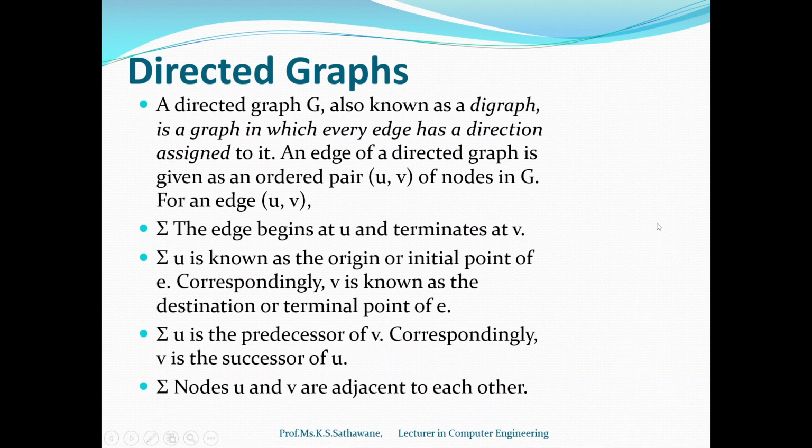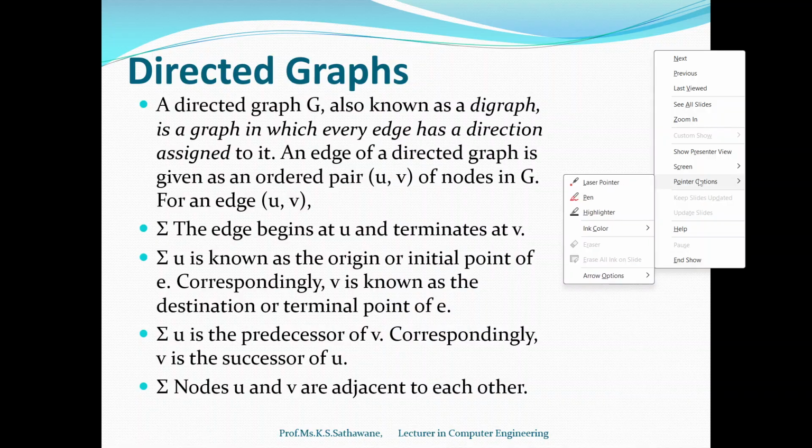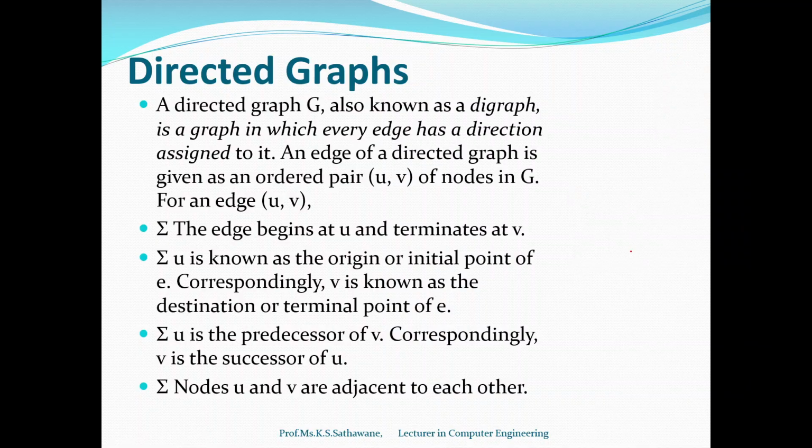So a directed graph G is also known as digraph. It is a graph in which every edge has a direction assigned to it. An edge of a directed graph is given as an ordered pair U, V of nodes in G. For an edge U, V, the edge begins at U and terminates at V. Okay, like this.